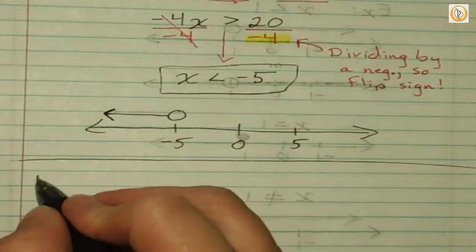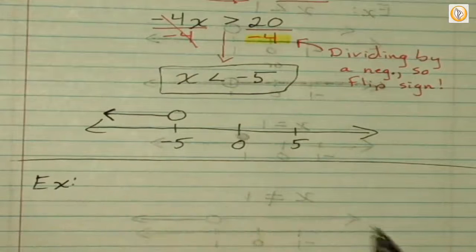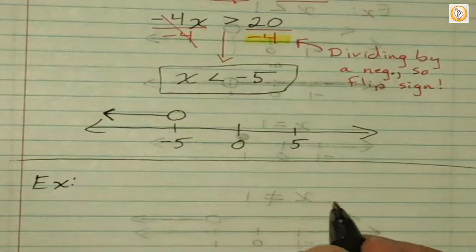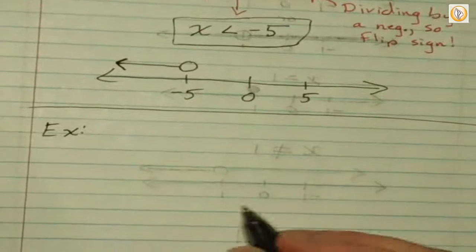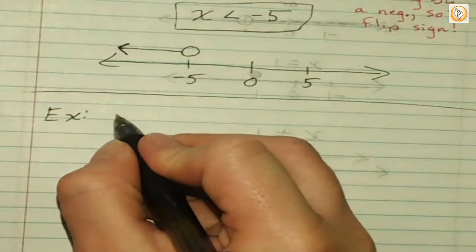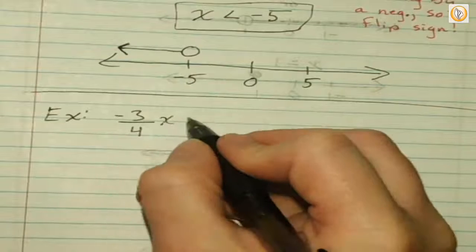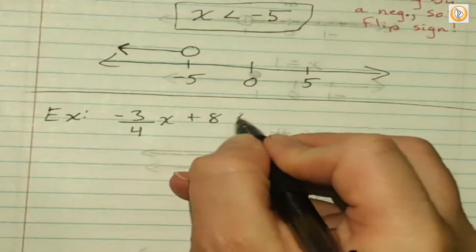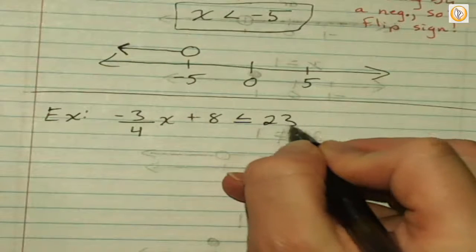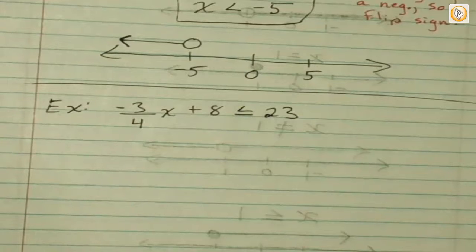All right, let's do another example. Let's say I have -3/4 x plus 8 is less than or equal to 23. Michaela, what do I do?